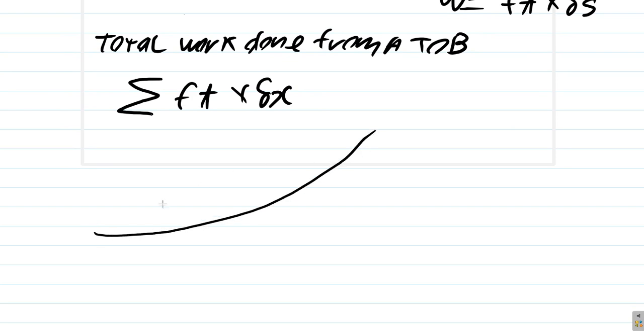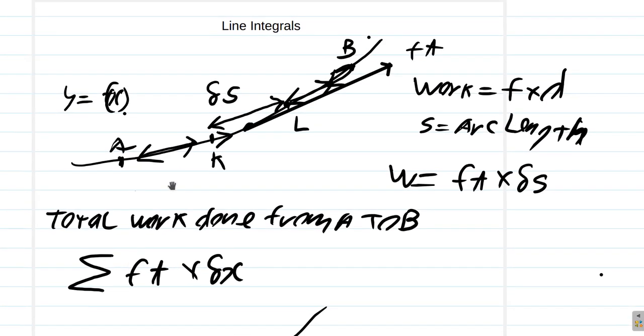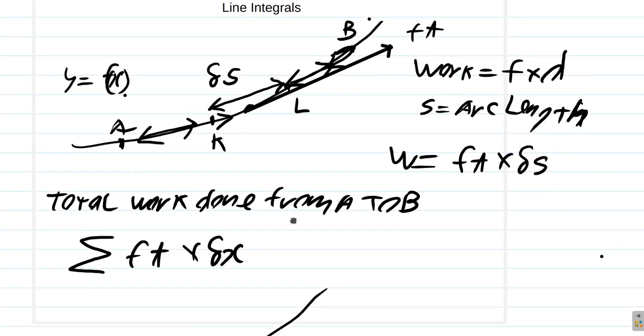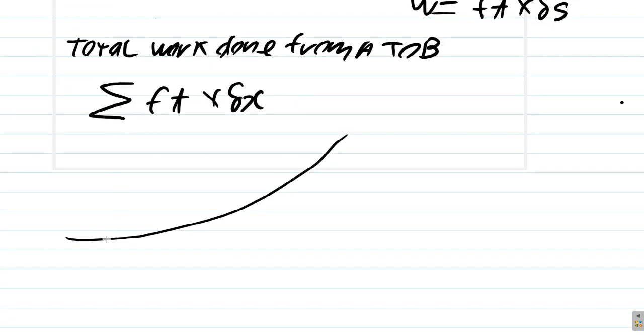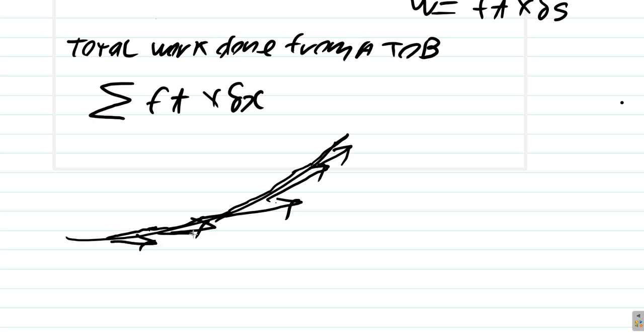So now, suppose that instead of having 1, 2, 3, 4 parts, you break up into 1, 2, 3, 4, 5, 6, 7, 8 smaller parts. So you have a tangent here, a tangent here, 3, 4, 5, 6, 7, 8.